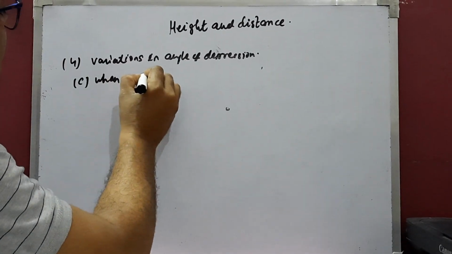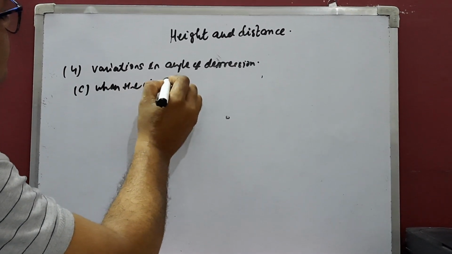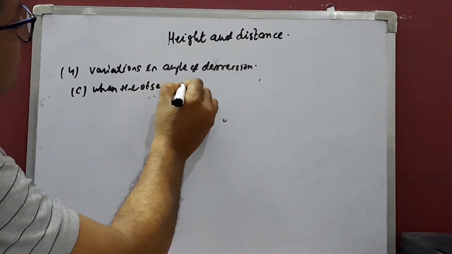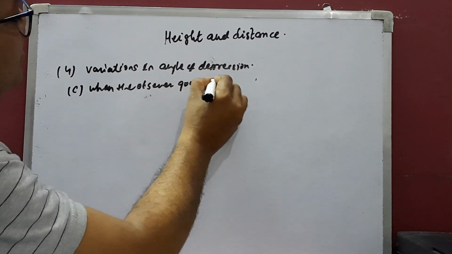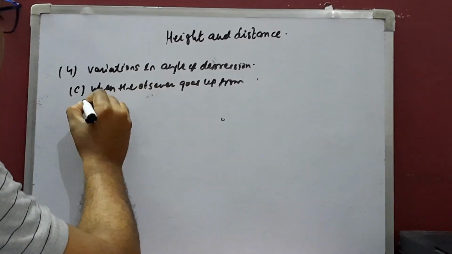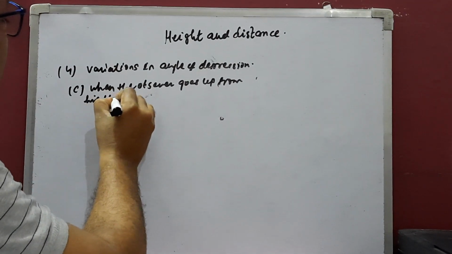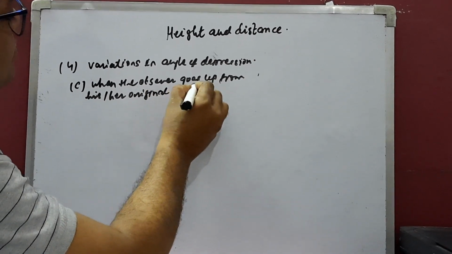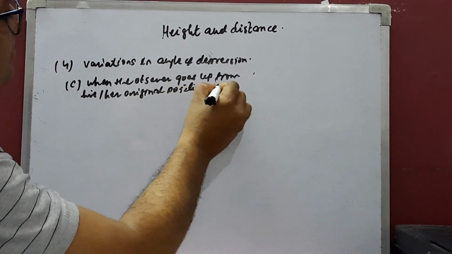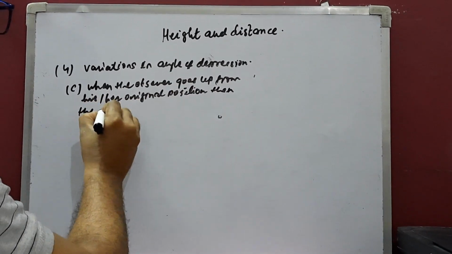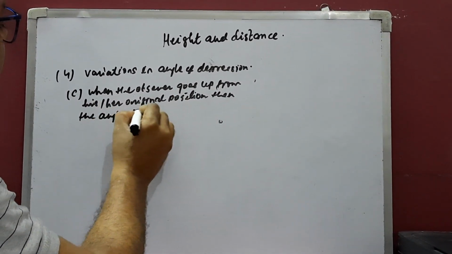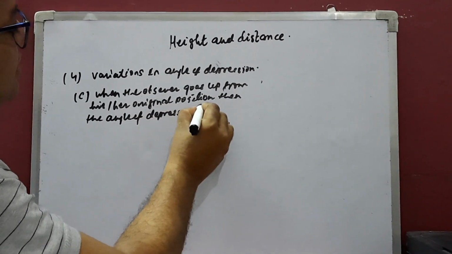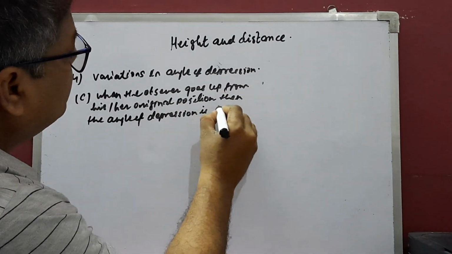When the observer goes up from his or her original position, then the angle of depression is increased.